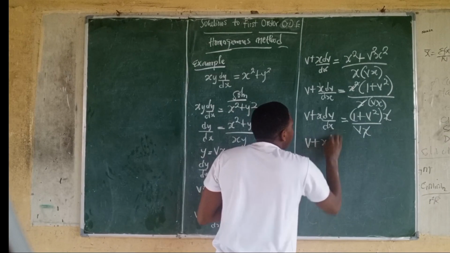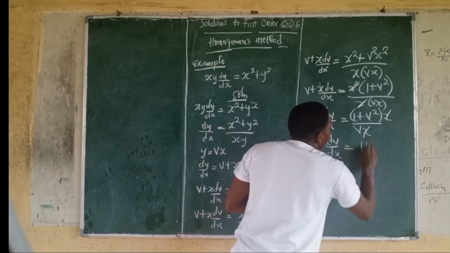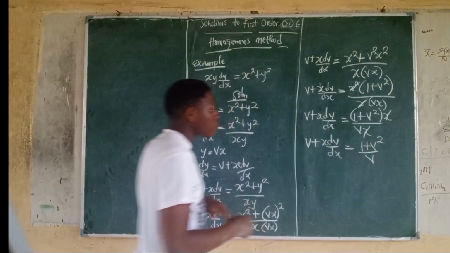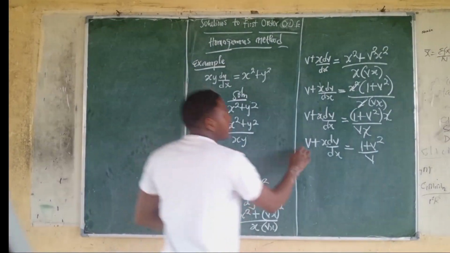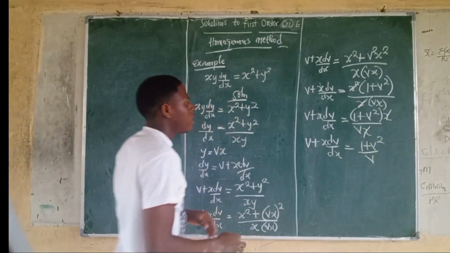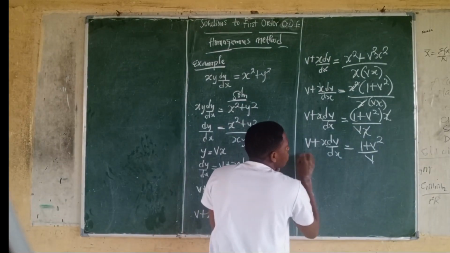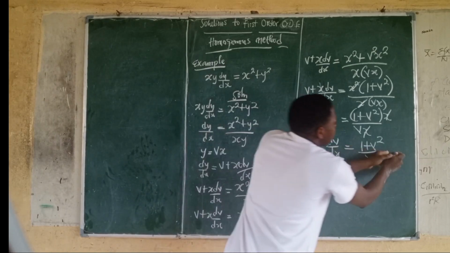v plus x dv over dx is equal to 1 plus v all squared over v. But we are seeing v on this side of the equation. Can we take this to the other side? Now, the next thing is taking this v to the other side of the equation.